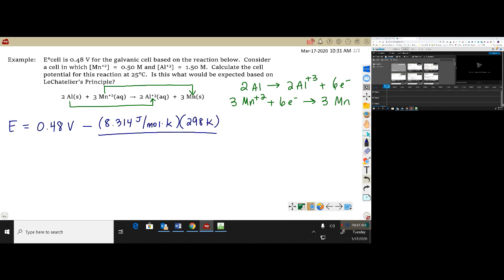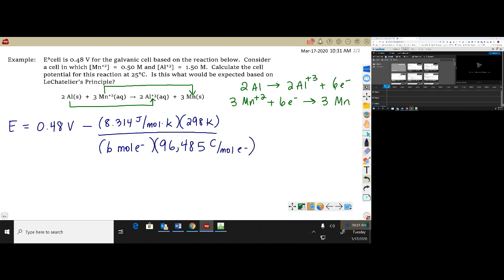But there are 6 moles of electrons transferred.